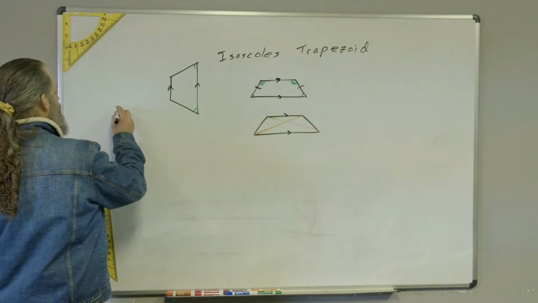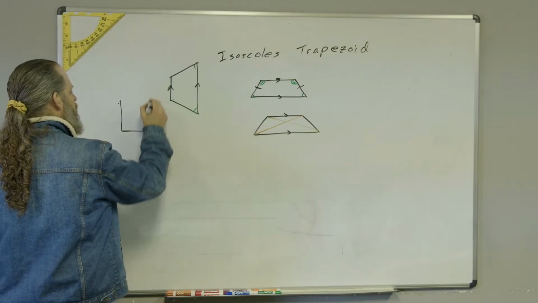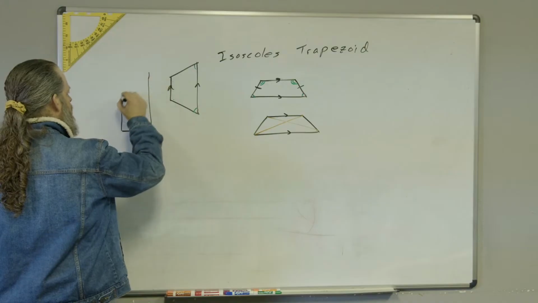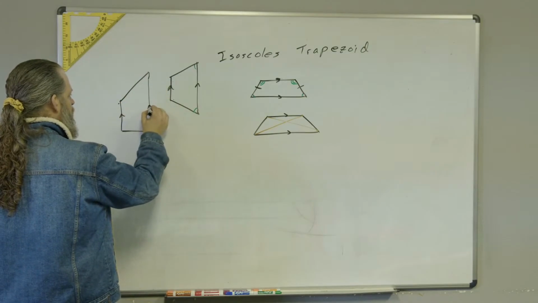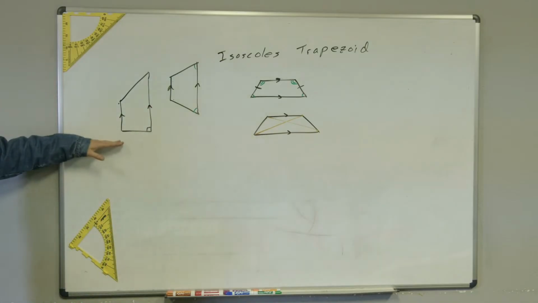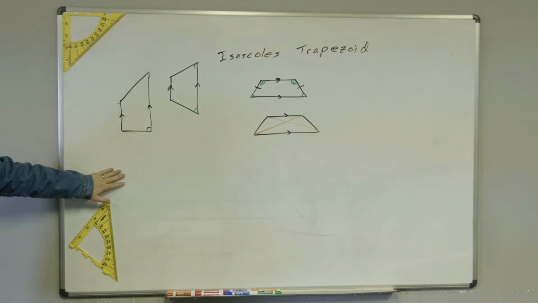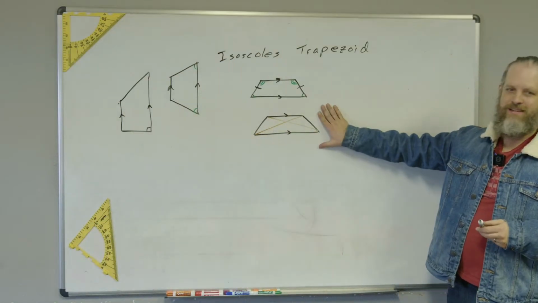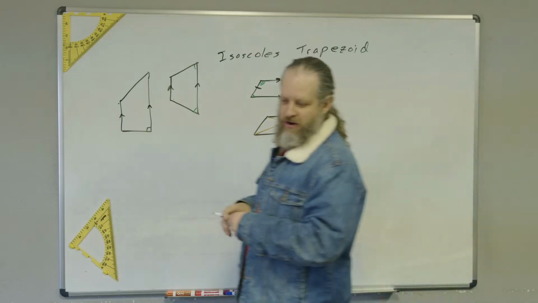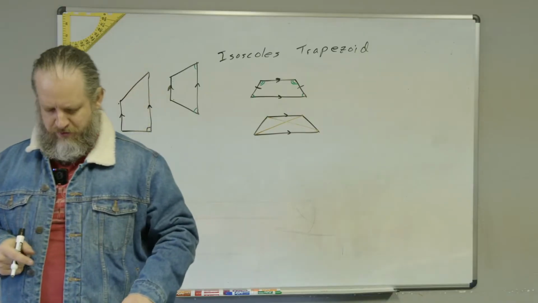Like if we draw one that is obviously not going to, something like this right trapezoid here, something like that guy, right? The diagonals are definitely not going to be congruent. This one's going to be longer than that one. But all isosceles ones have congruent diagonals. And it is an isosceles one if the diagonals are congruent. So the forward theorem and the converse are both true, right?